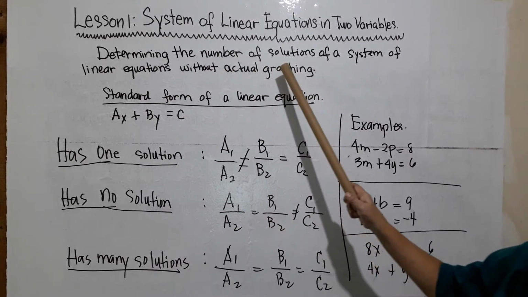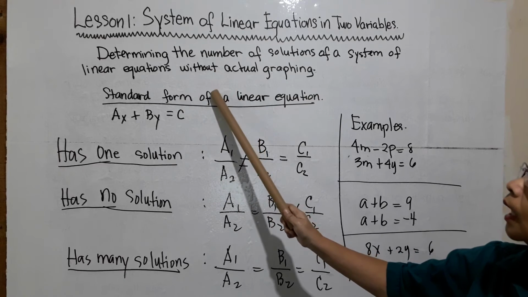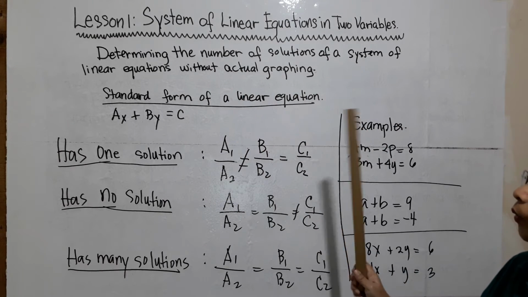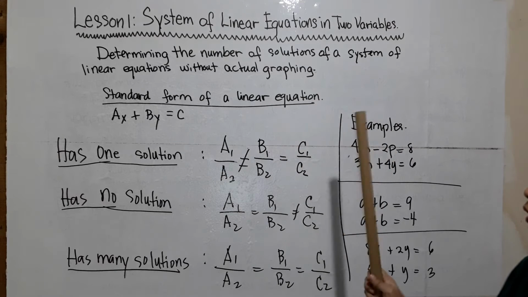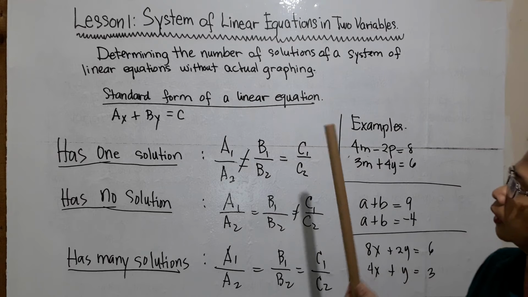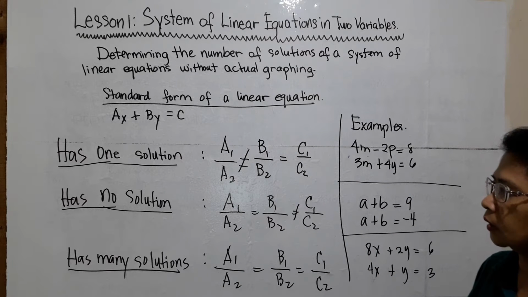Determining the number of solutions of a system of linear equations without actual graphing. How will you do that? How will you know the number of solutions a system of linear equations will have without actual graphing?